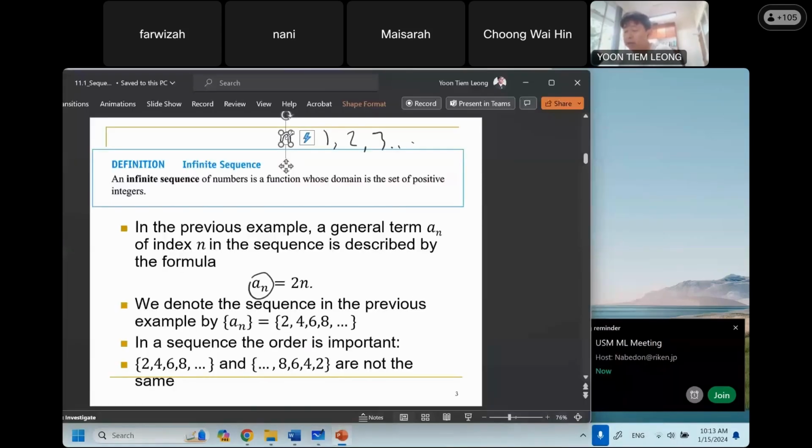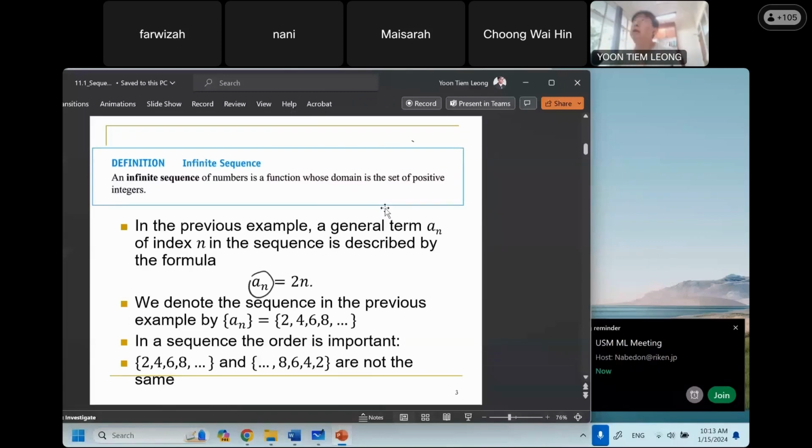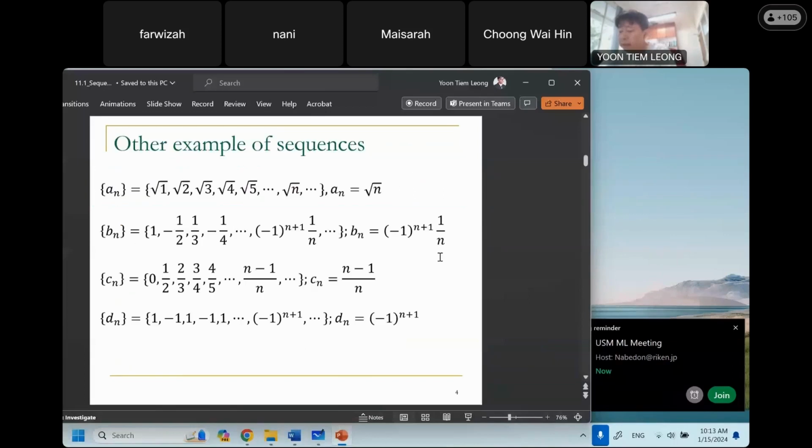You can describe the numerical behaviors or the trend of a sequence if you know how the terms AN is expressed in terms of n. So these are the example of sequence. The term of the sequence AN is given by the square root of n.